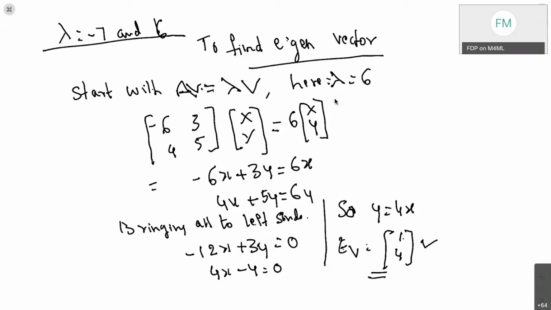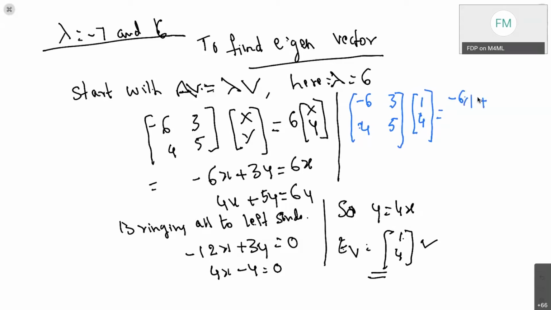Let's take the same matrix: -6, 3, 4, and 5. We obtained (1, 4) as the eigenvector. So if we try to solve this: -6 into 1 plus 3 into 4, then 4 into 1 plus 5 into 4.